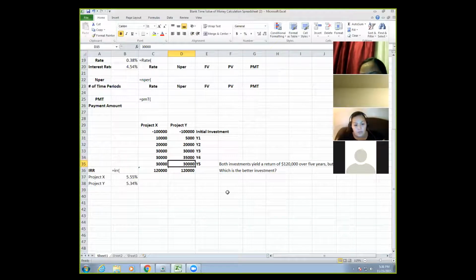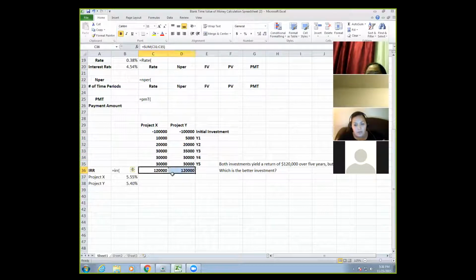Yeah, so it's 5.34. And if we move 35,000 to the year previous, it should be a little higher, 5.40. So as you move the money closer in time and you're earning it sooner, that increases the return on the project.